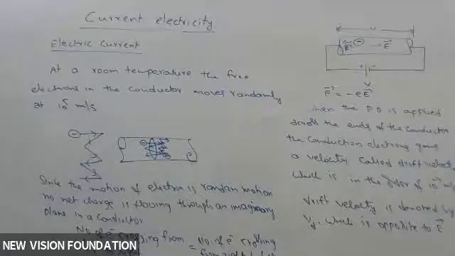This is the difference of motion of electrons when the conductor is at room temperature, and when the conductor is connected to the terminals of a cell.